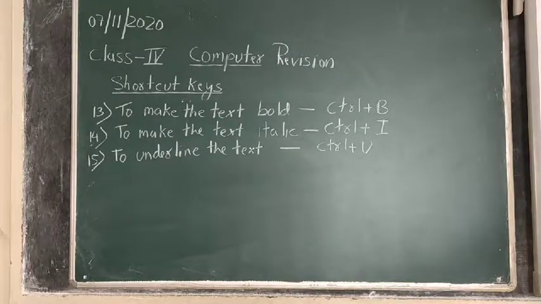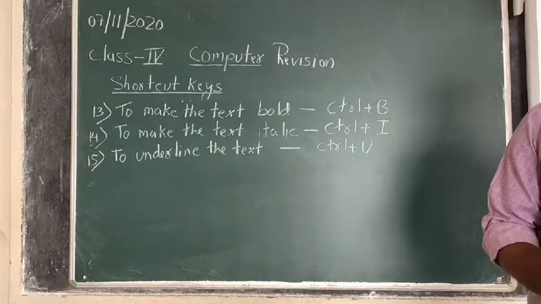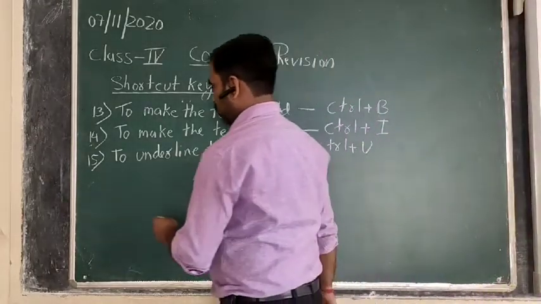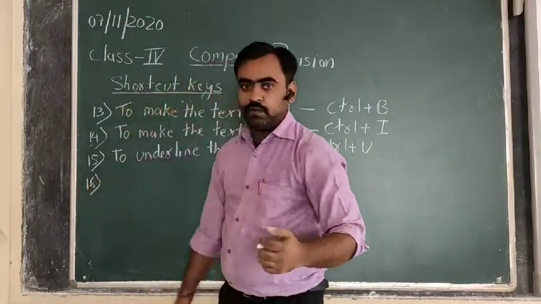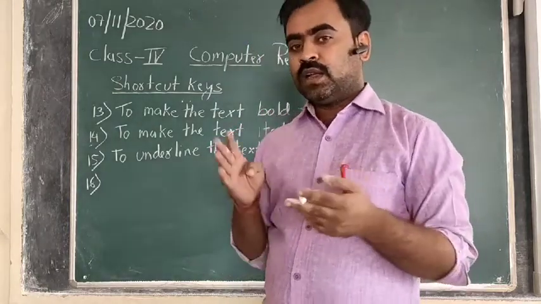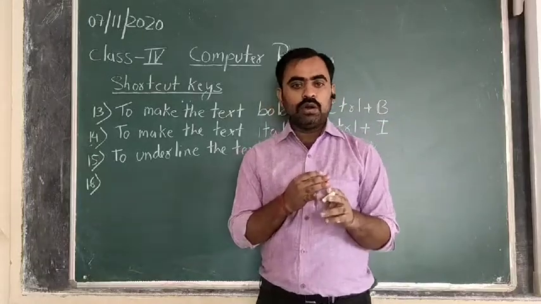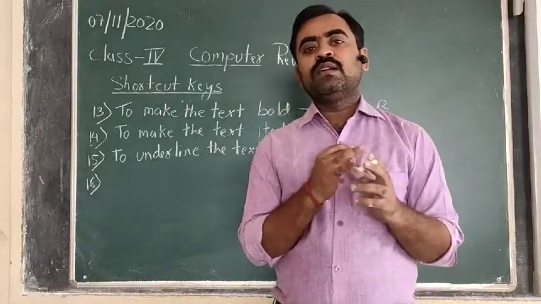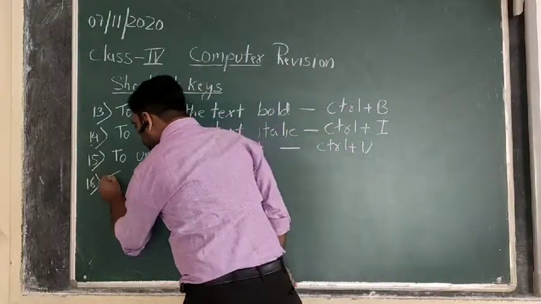Now the next one is to align the text. As we already know what alignment is and the different types of alignment, there are 4 alignment options available: left, right, center and justify.